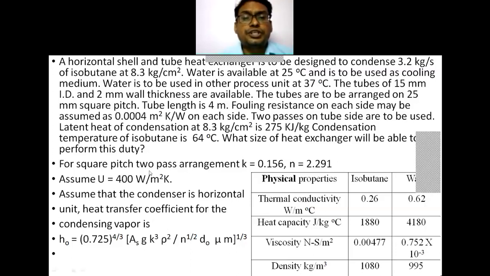So the square pitch with the two pass arrangement is already mentioned in this numerical, the two passes on the tube side are used. So the values of K and n are mentioned. Again, the assumption of U is already given. This is the isobutane, the organic fluid, and the water.